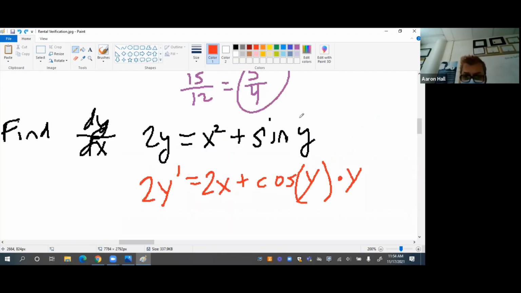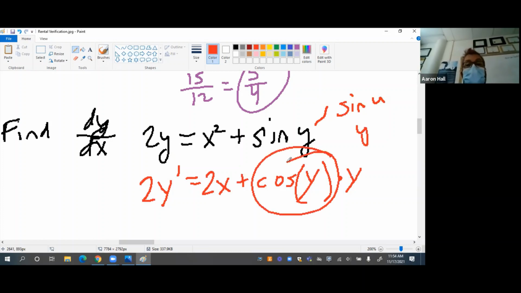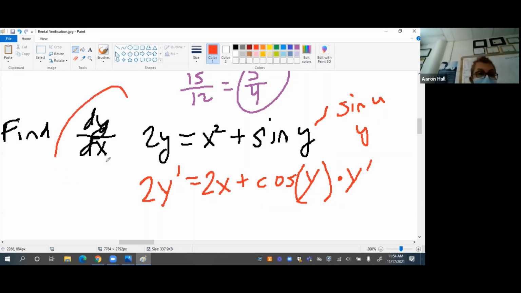So over here, my outside function is sine of u, and my inside function is y. So we took the derivative of the outside function times the derivative of the inside function, because we're taking the derivative not with respect to y, but with respect to x. All right, who was I picking on? Eileen? Eileen, how do I solve for this?